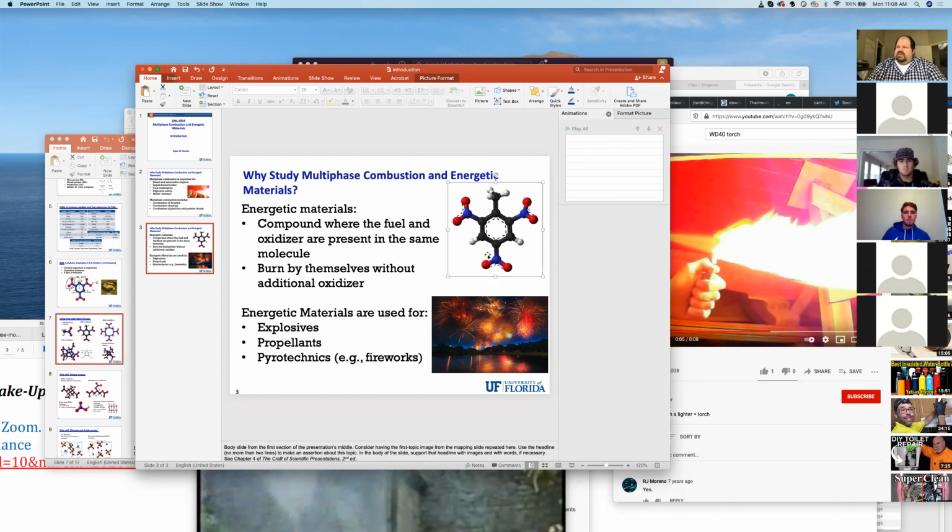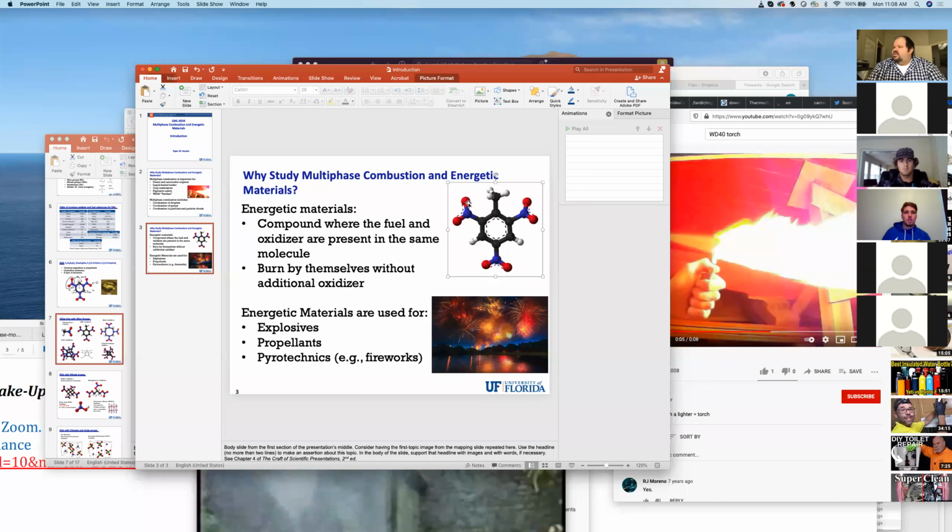carbon and hydrogen. And basically, how they made this was they cleaved off some of the hydrogen bonds and replaced them with this NO2 structure.